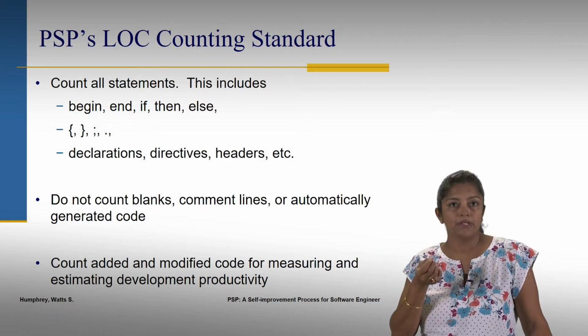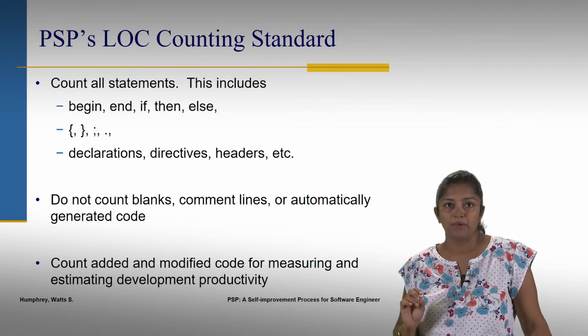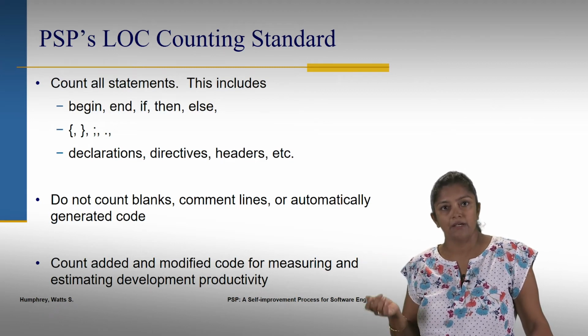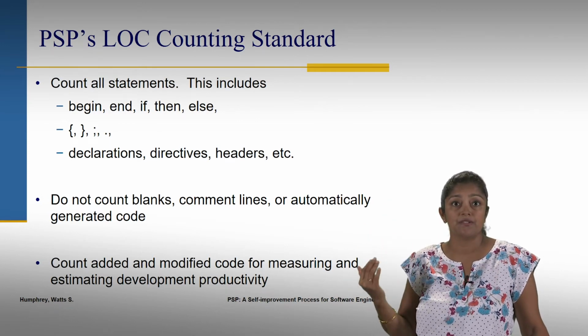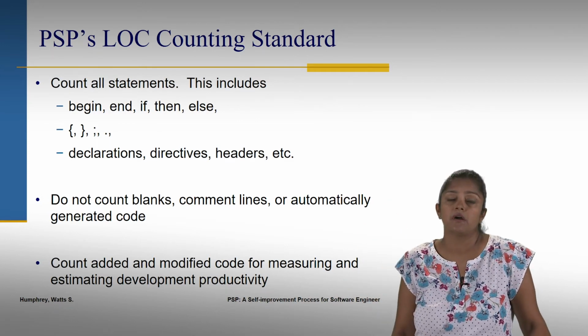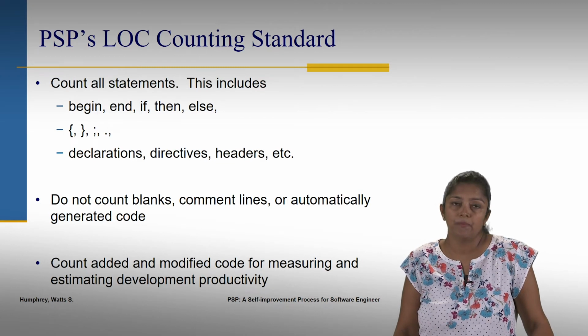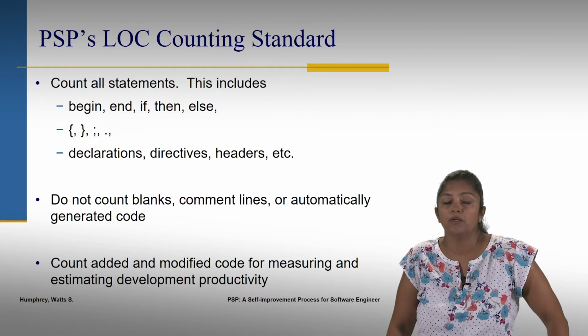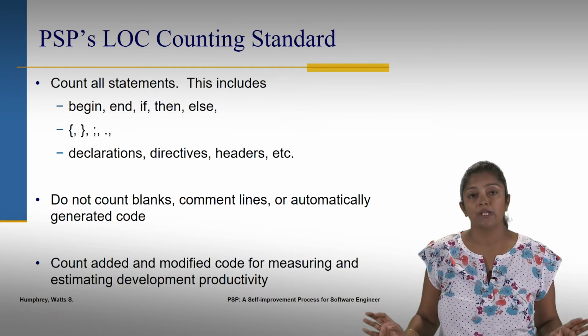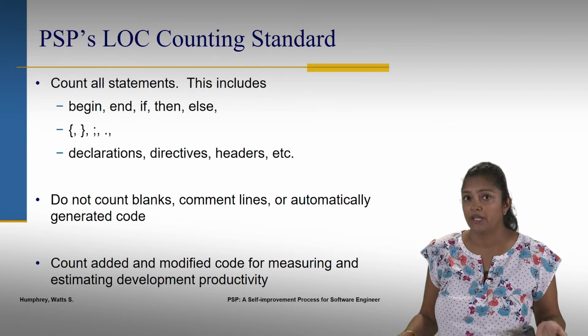We count the open curly brace, the close curly brace, the ending semicolons, all of the declarations, the directives, the headers, the include headers that are at the top. So we count all of them, but we don't count any blank statements, any comment lines, or any of the code that's automatically generated. A lot of IDEs do that.